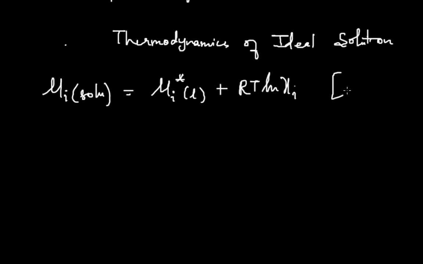Here mu i is the chemical potential of the ith constituent, mu i star is that of the pure liquid of constituent i, and Xi is the amount fraction of the constituent in the solution.